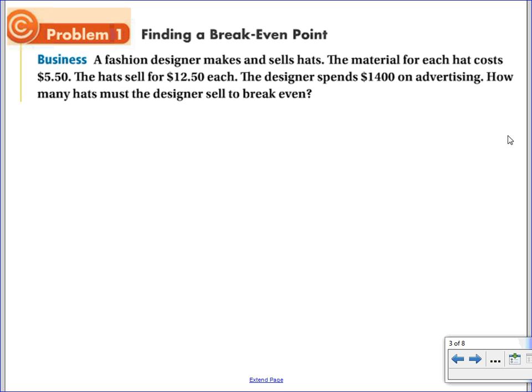So the best thing to do is decide, okay, what are my variables? We usually deal with an x and a y. Remember, your x is your independent and your y is your dependent. But that doesn't necessarily mean you have to stick with an x and a y. If you want, you can change them. So what are the 2 things we're dealing with for this problem?